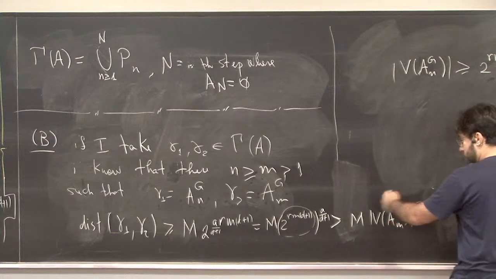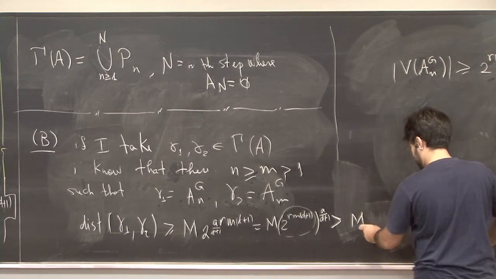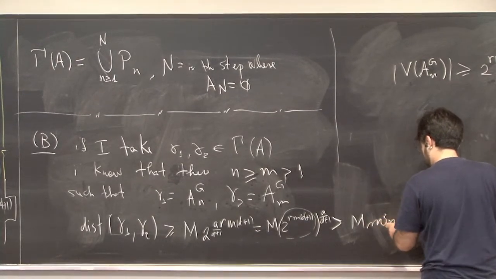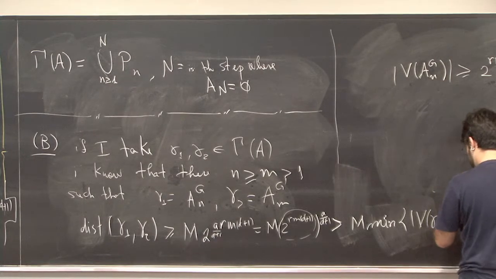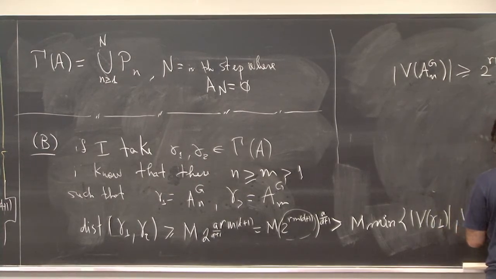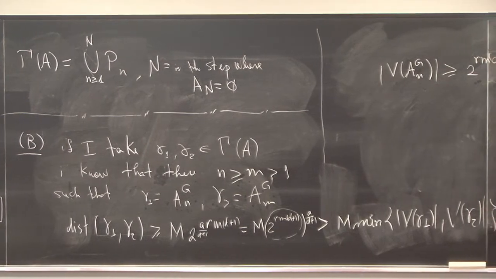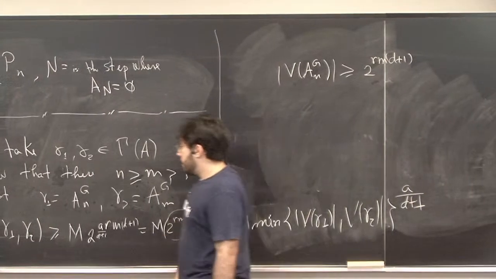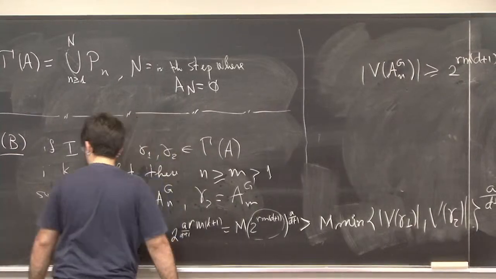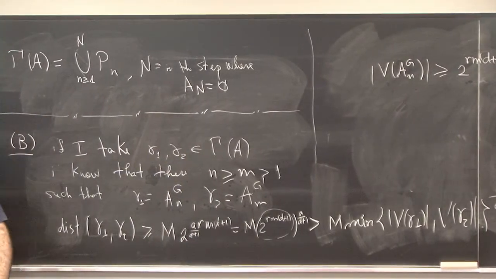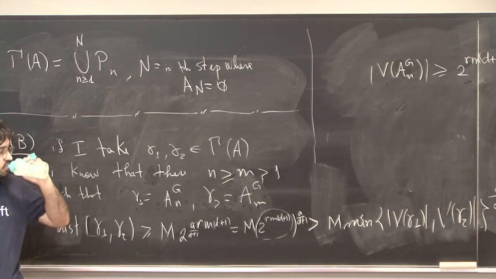So I can substitute this by the minimum value, gamma 1, V, gamma 2, A, B plus 1. And again, I don't need to consider the other case because the analysis is similar.